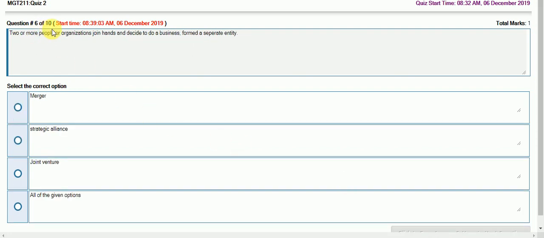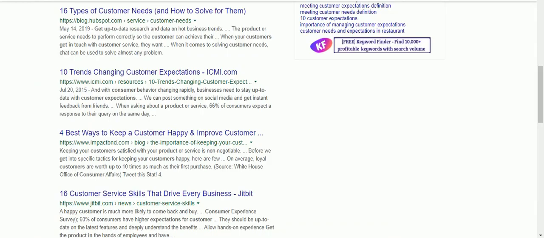Two or more people or organizations join hands and decide to do a business, formed a separate entity. Let's check it out.